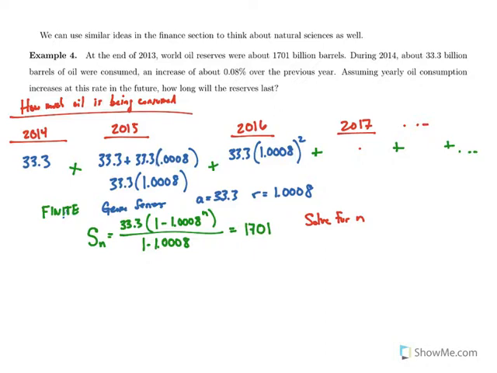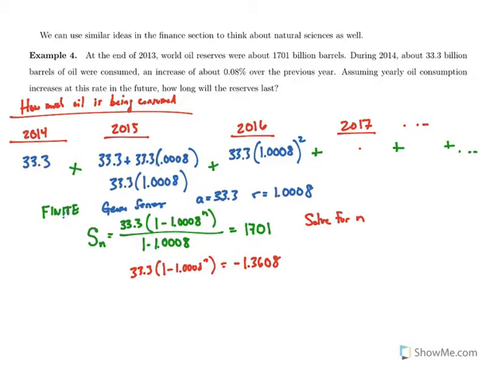So let's solve this equation for n, and that'll tell us how long the reserves are going to last. It's going to tell us how many terms we need to add up until we get to 1701 consumed. So first, we're going to take 33.3 times 1 minus 1.0008 to the n. It's going to be equal to 1701 times 1 minus 1.0008, which is negative 1.3608. Negative because of the 1 minus 1.0008.